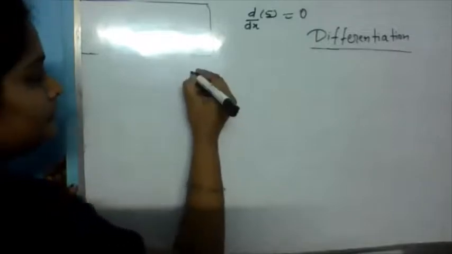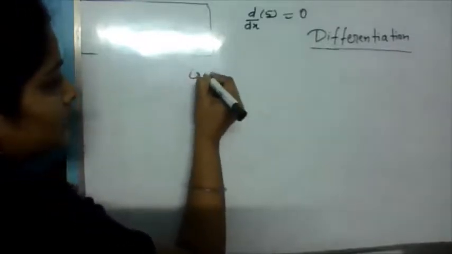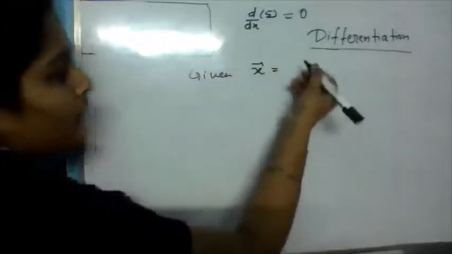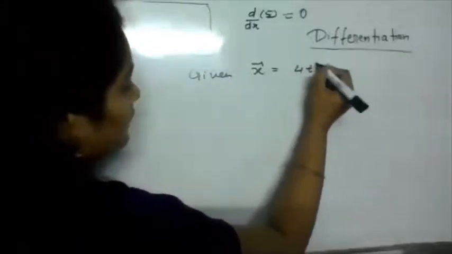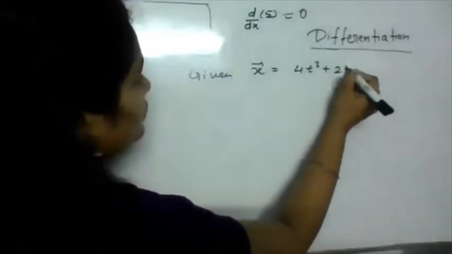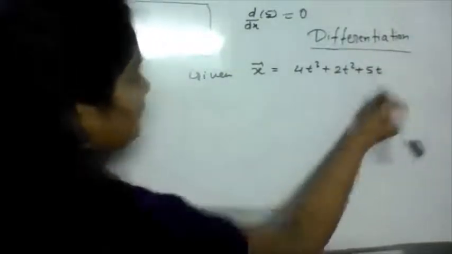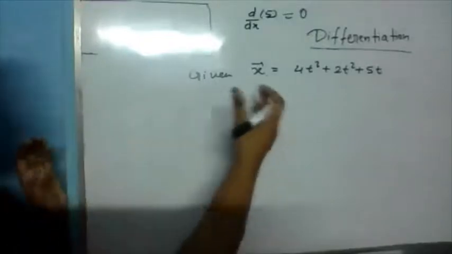Now, given, if the position vector is given to you as 4t cube plus 2t square plus 5t, in meters. Okay? Position vector in any numerical is given to you.